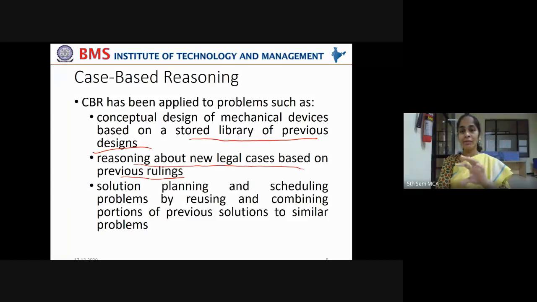Whenever they're passing a judgment, they are trying to refer to the existing cases, and according to that, judgment will be given. So what is happening here? Reasoning about the new legal cases is being based on the previous rulings, right?